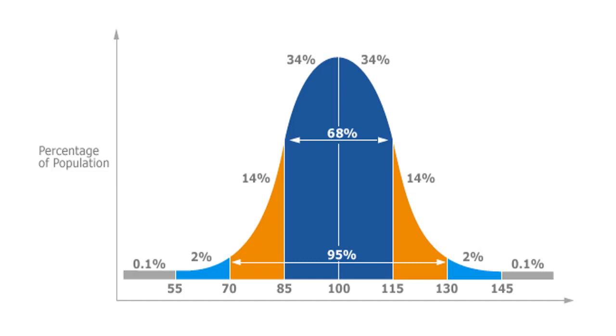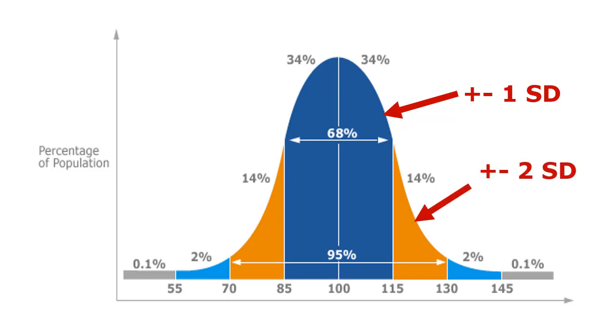So this distribution shows you that 95% of the population has an IQ between 70 and 130, and these values are in fact rather accurate for that particular assessment. So again, plus or minus one standard deviation, 68%, plus or minus two standard deviations, 95%.